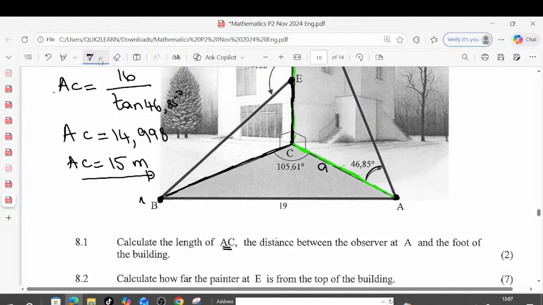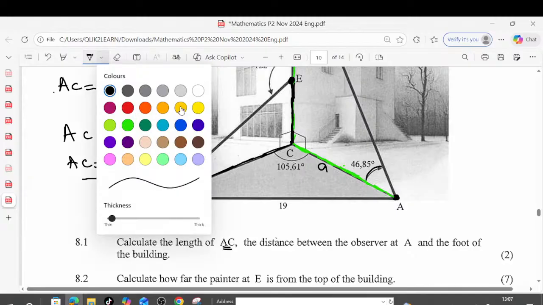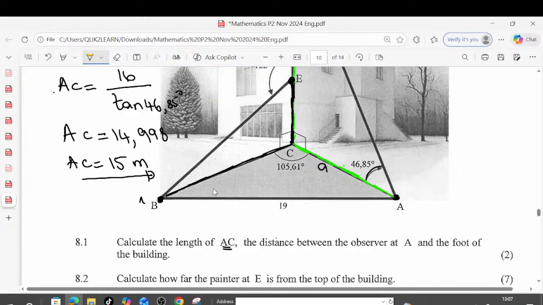If we find this BC, then we'll be able to find that one using my opposite and my adjacent. So this will be tan, but we need to first find BC.